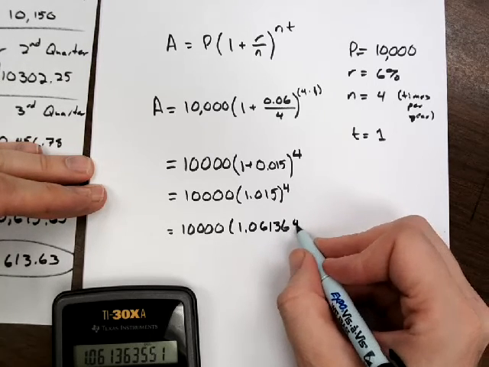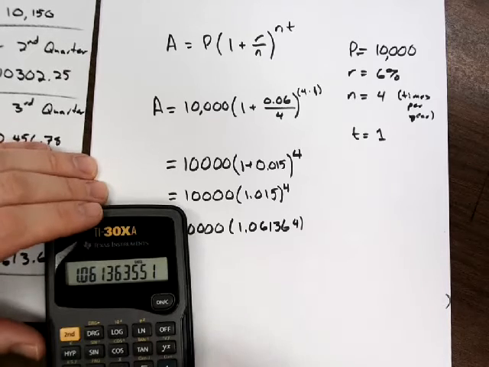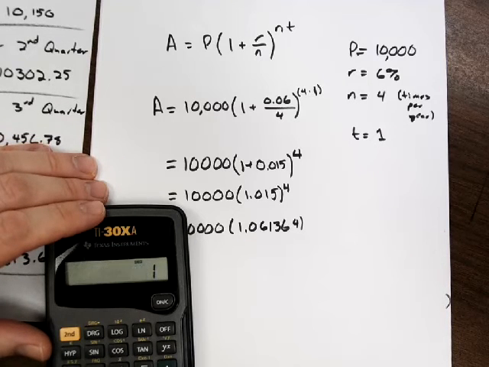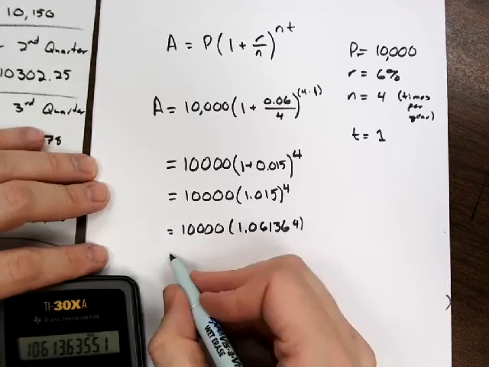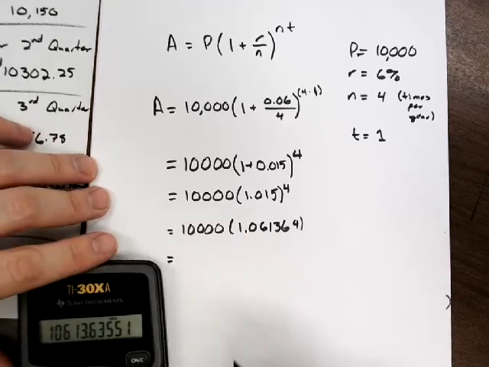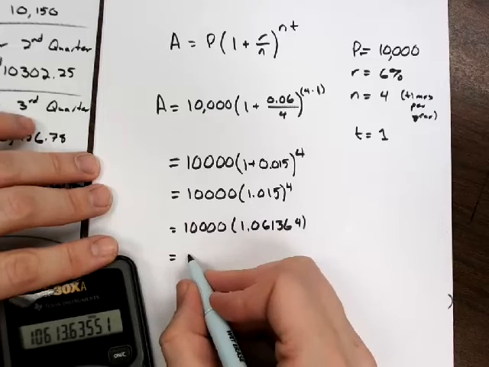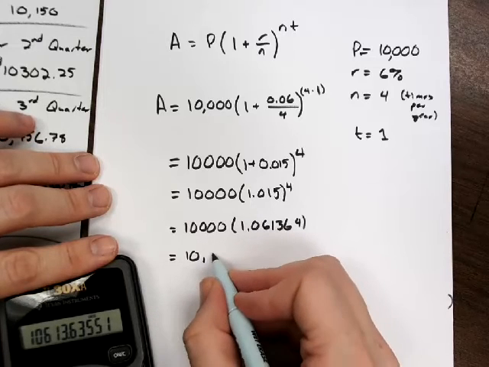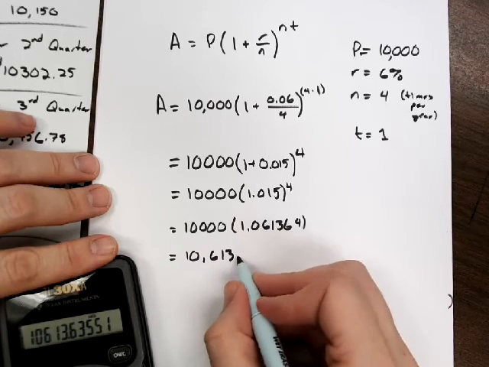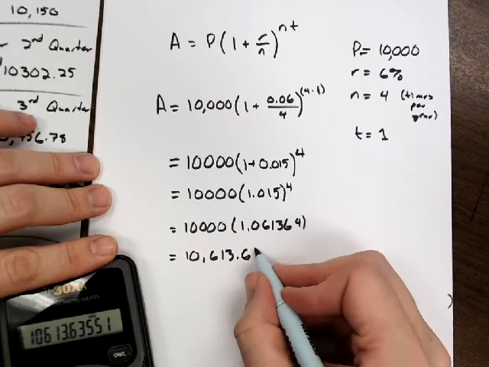I can round a little bit. Well, let's take this and then multiply that by that 10,000. Hey, look at that. I've got $10,613, and in this case 64 cents.